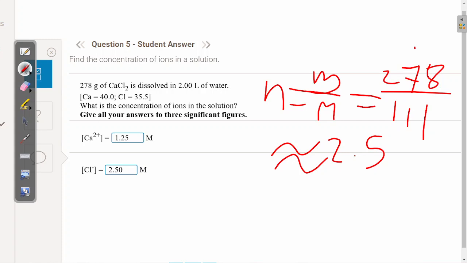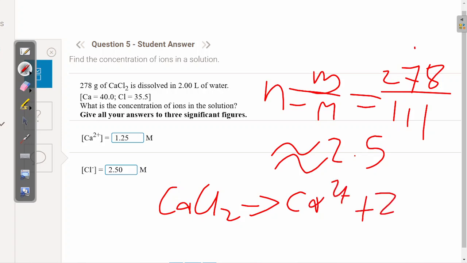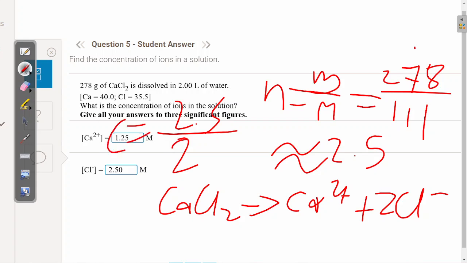of CaCl2, and we can write CaCl2 equals Ca2 plus plus 2Cl minus. Okay, Ca2 plus is 1 to 1 with CaCl2, so it will be 2.5 moles, the same. So C equals n over V. This is 2.5 over the total volume, which is 2.